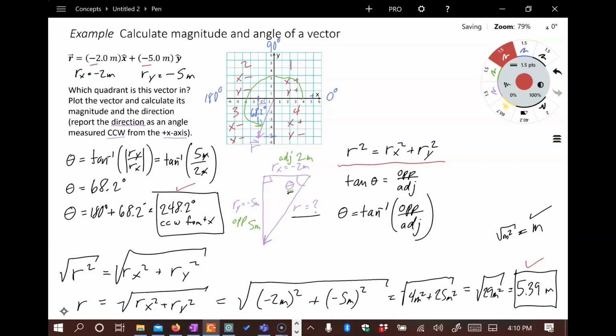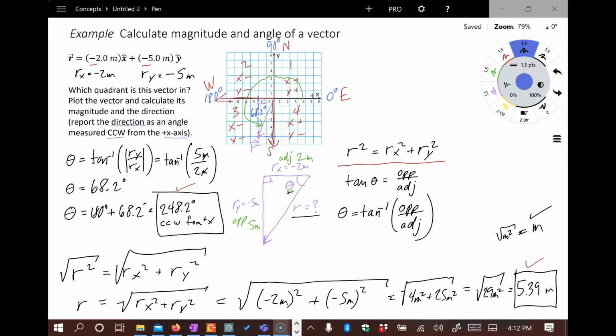What if we want to do the direction with respect to the cardinal direction? So here's north. Let me get a different color here. Let's see. Here's north up, south down, west to the left, east to the right. How do we specify this same direction in cardinal directions?